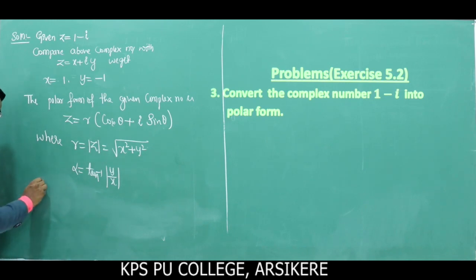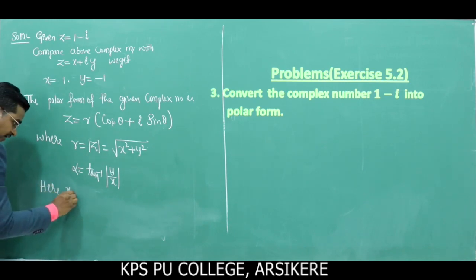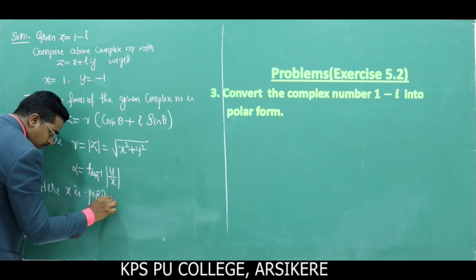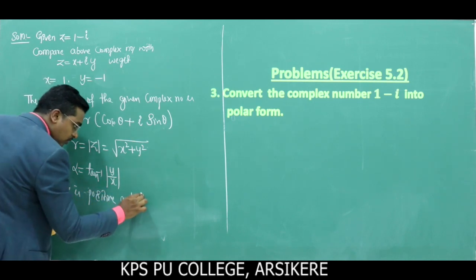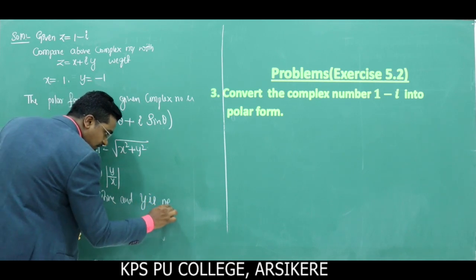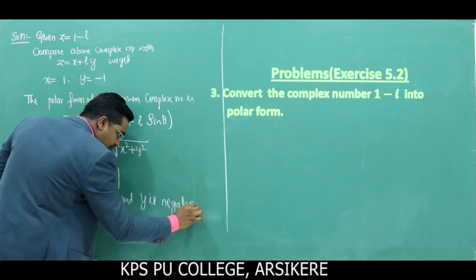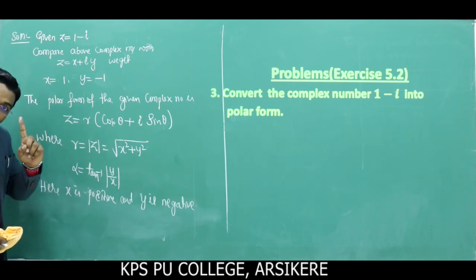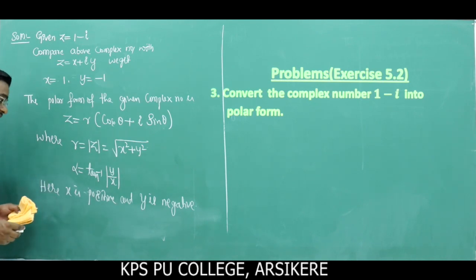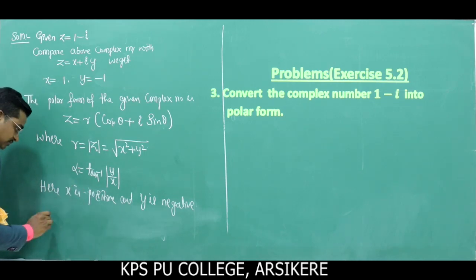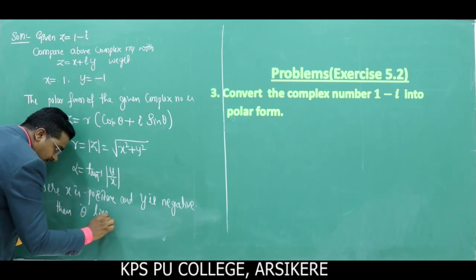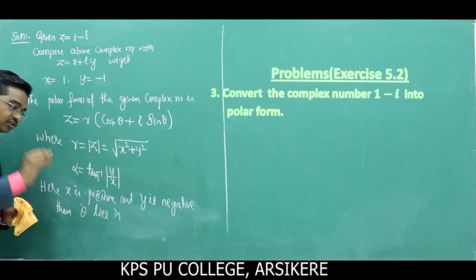Let us write here: x is positive and y is negative. I told you an example, z is equal to 1 minus i, whose principal argument comes in the fourth quadrant, that is, theta is equal to minus alpha. When x is positive and y is negative, which quadrant does theta lie in?